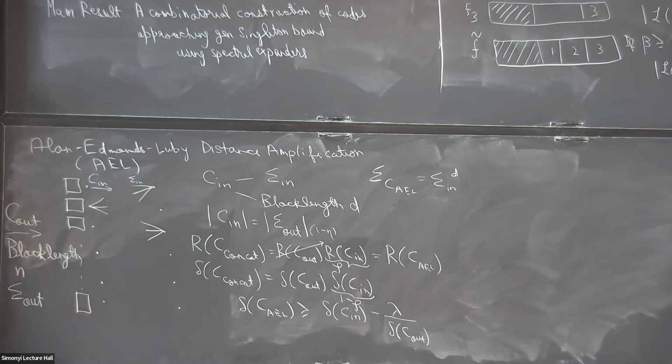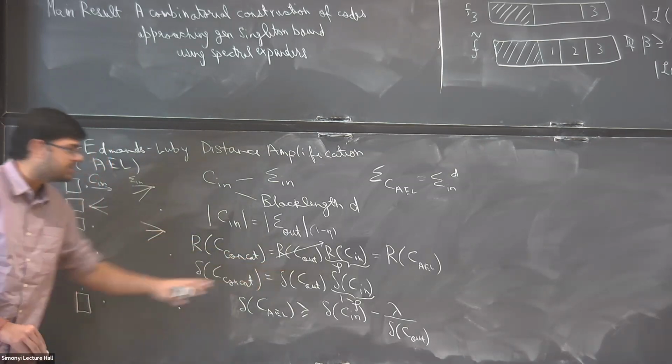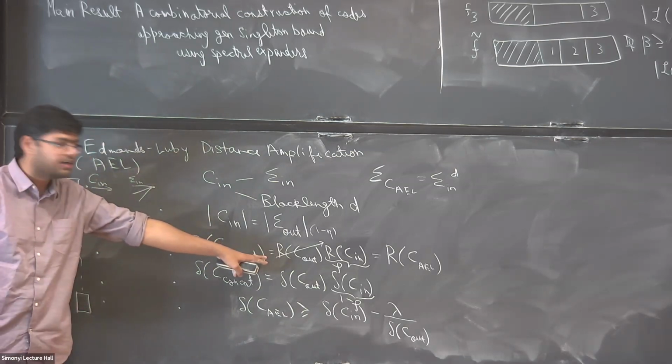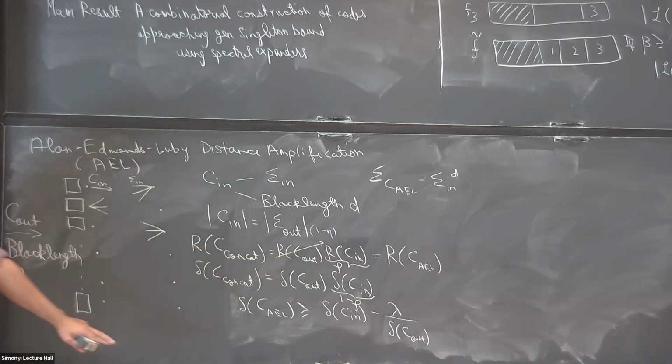You transform C_out to something with slightly lower rate. Right. Yeah, I would think of actually preserving the parameters of C_in and think of R_C_in and delta C_in as some fixed normal numbers like 0.3 and 0.7. And then R_C_out is lowering the rate by a little bit. By a little bit, yes. And for concatenated code, the distance would have been really bad. Yeah. But the AEL part is kind of saving the distance again.